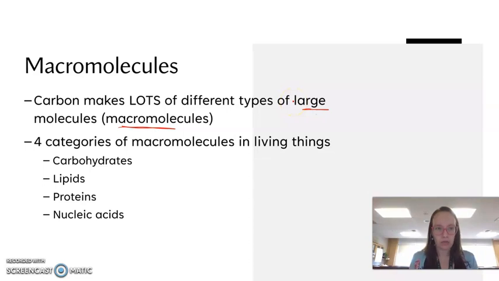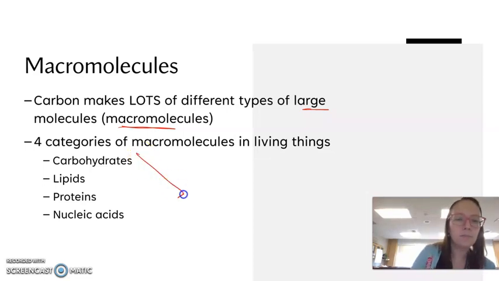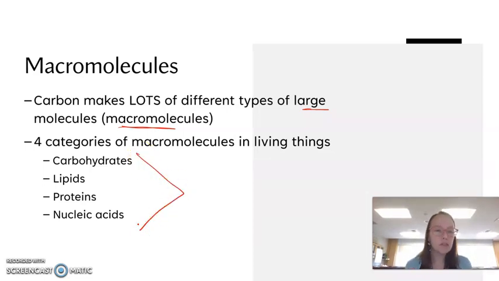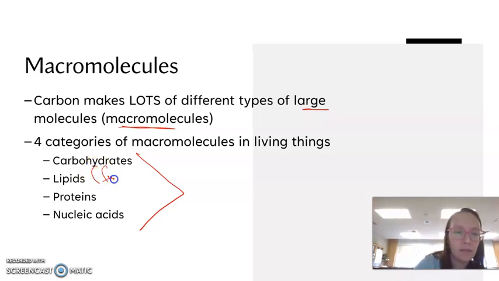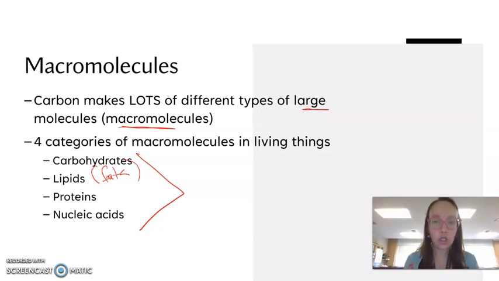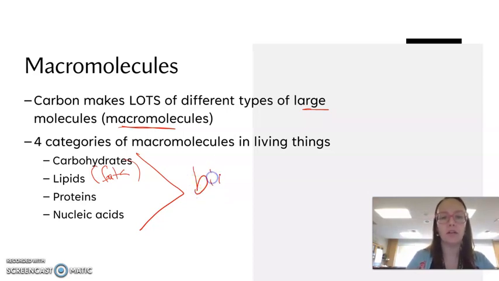In living things, we can break down these macromolecules into 4 main categories. They are carbohydrates, lipids, or fats is the other term for lipids, proteins, and nucleic acids. Because these are biological macromolecules, sometimes we refer to these as biomolecules.